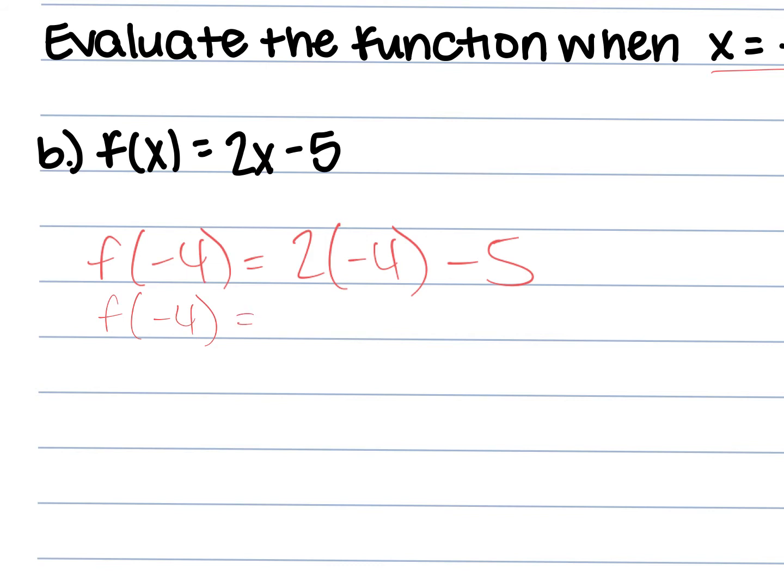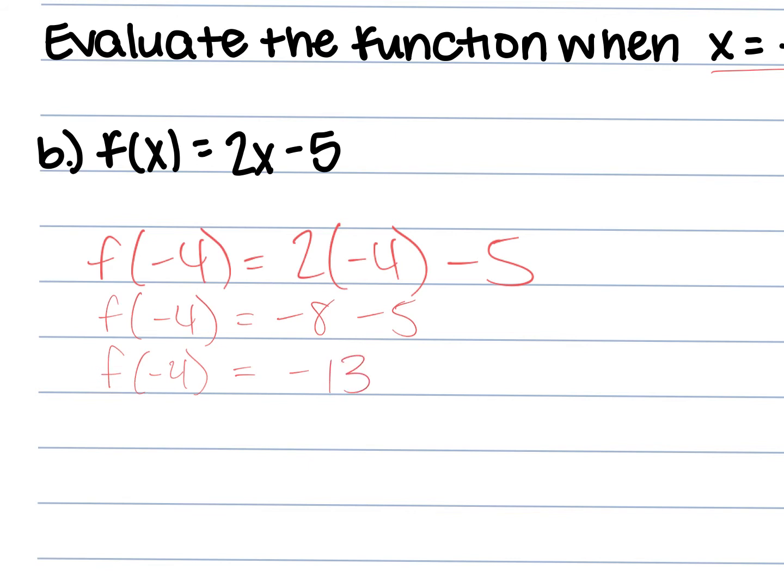So it's going to be f of negative 4 equals negative 8 minus 5. Good. And it's going to be equals negative 3. Try again. Wait. Oh, my bad. What's negative 8 minus 5? Wait, am I wrong? Negative 13.